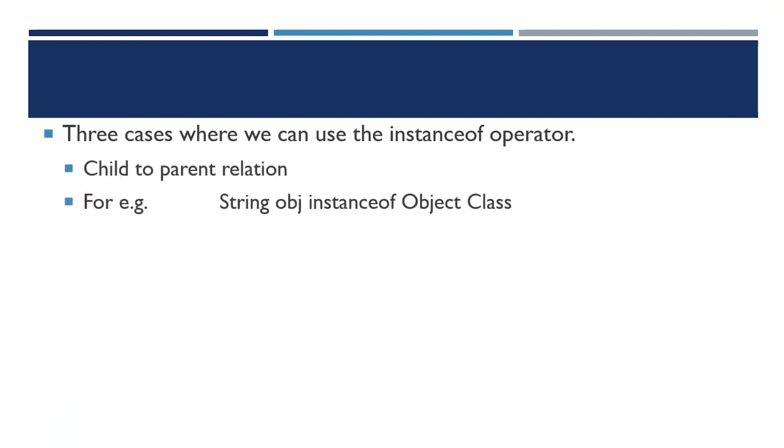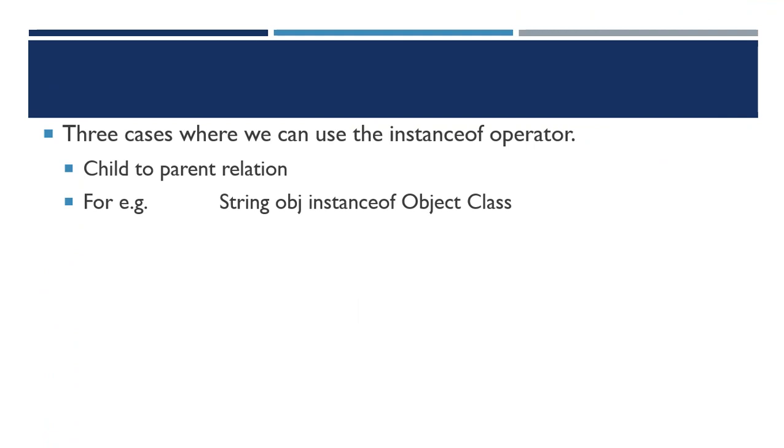The first is the child to parent relationship. Whenever we have an object of a particular kind, we can check whether this object belongs to this parent or not. In that case, we can use the instanceof operator.